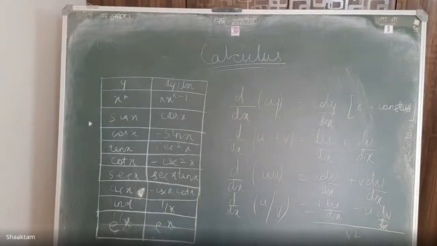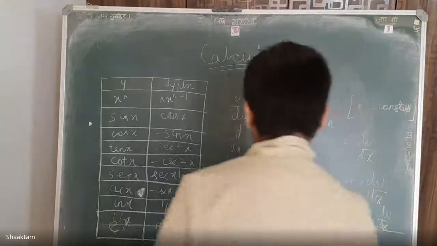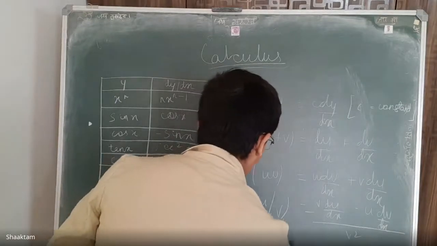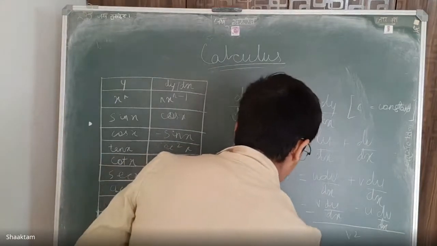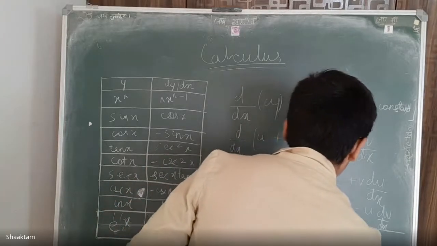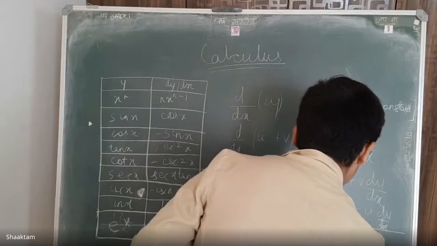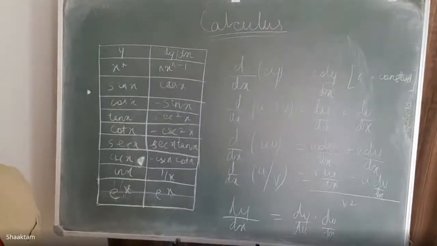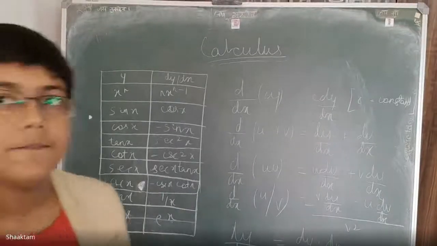Finally, the last formula, which is in fact the most important, used in many a case: dy by dx is equal to dy by du into du by dx. So note down these formulae and then we'll see how they are applied.